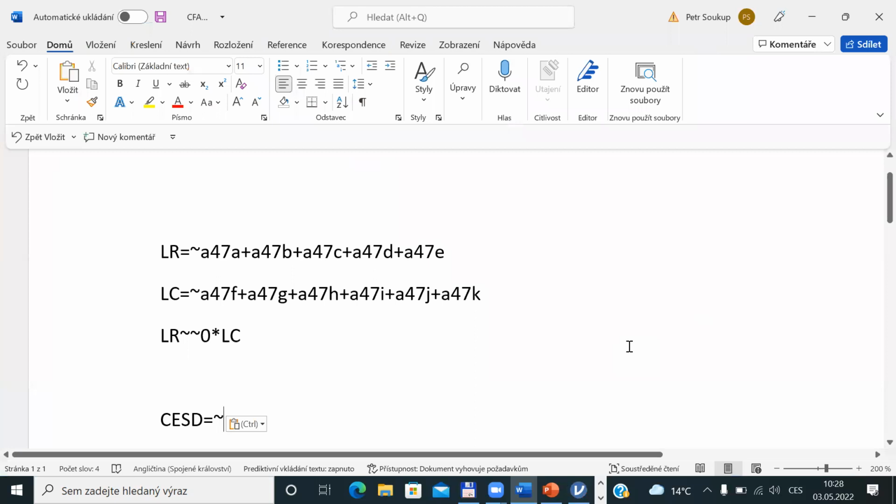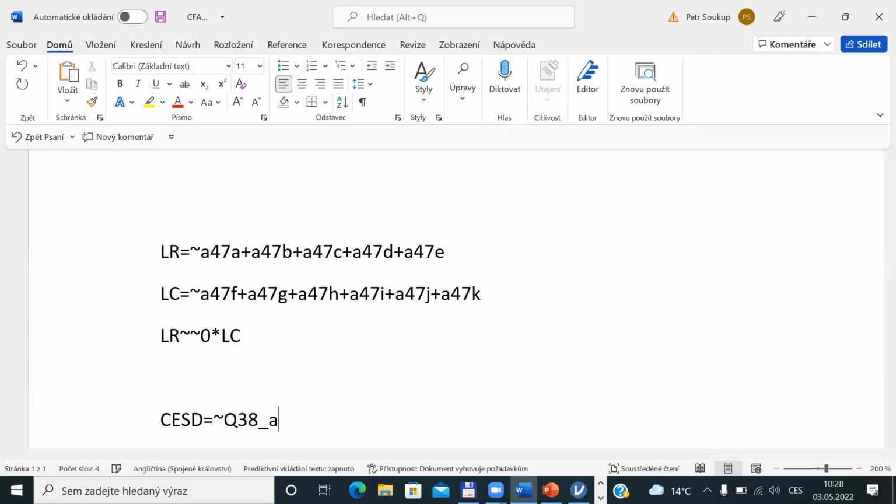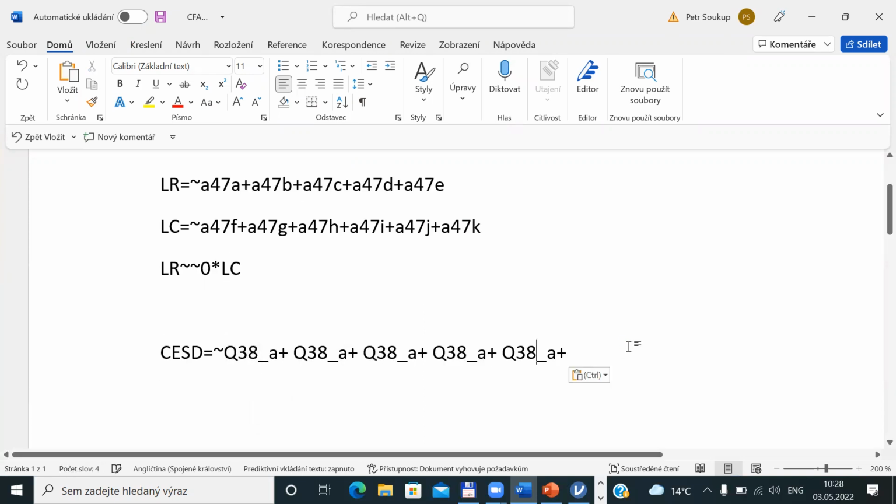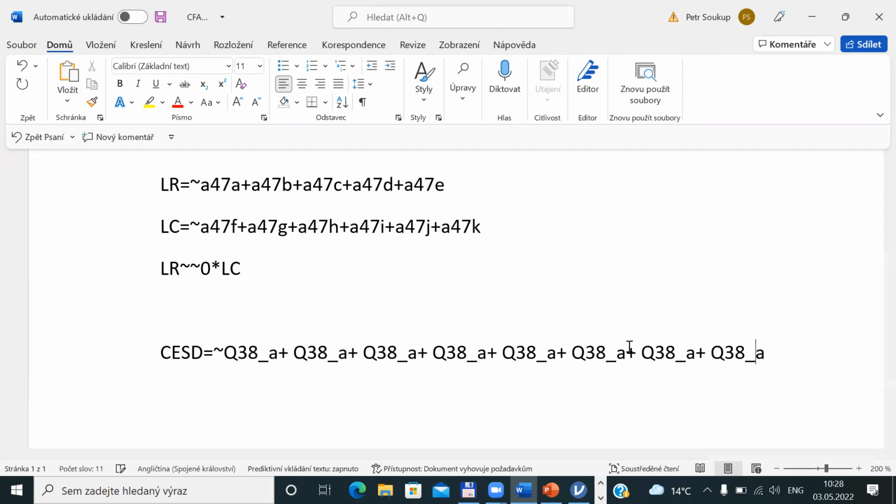So first of all, I would need to type this set of variables. I would copy many times. I would only change the letters which are at the end.